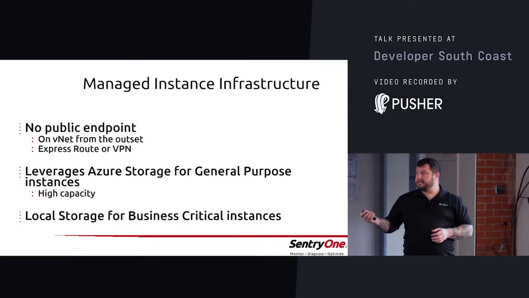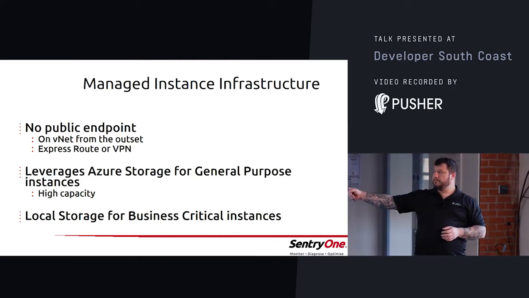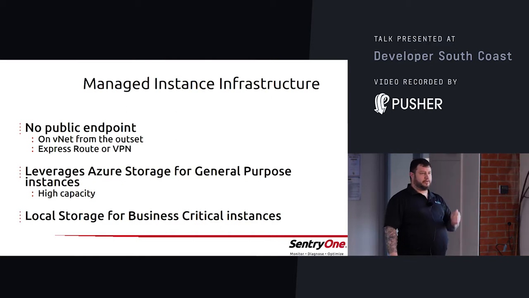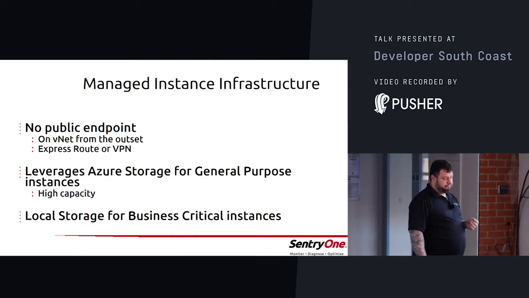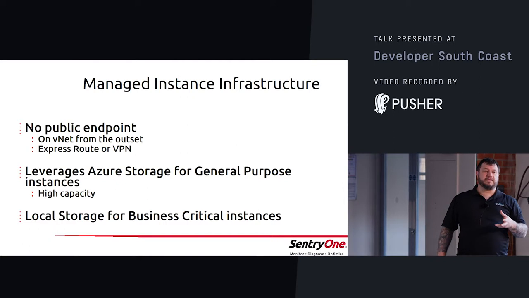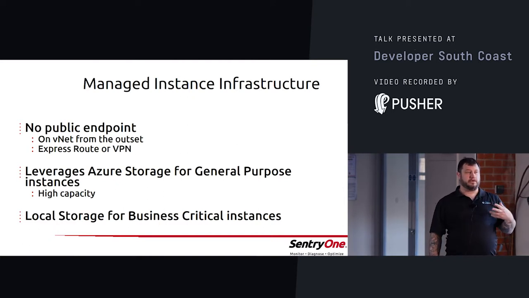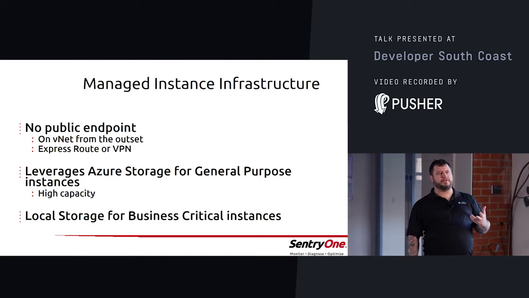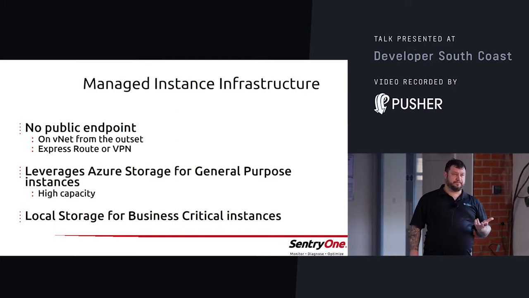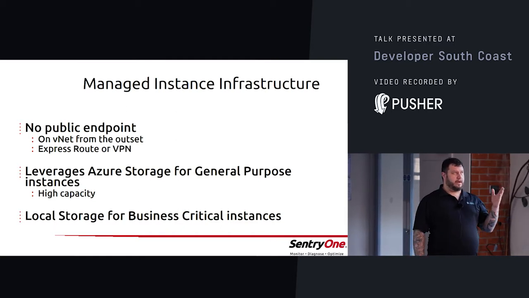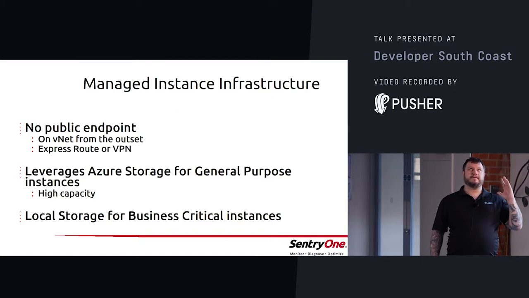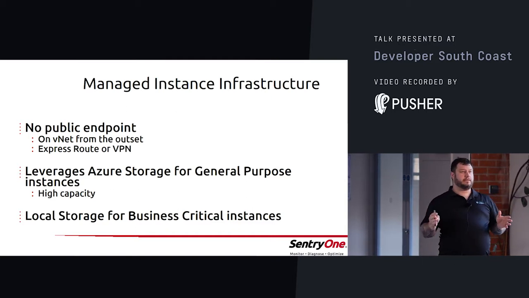No public endpoint, which I said, but it leverages Azure storage, premium storage. What this means is that under the hood, you've essentially got somewhere in the region of 200 Azure premium disks. Now, they are P10 through P70.